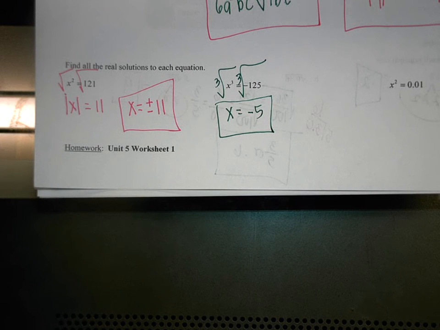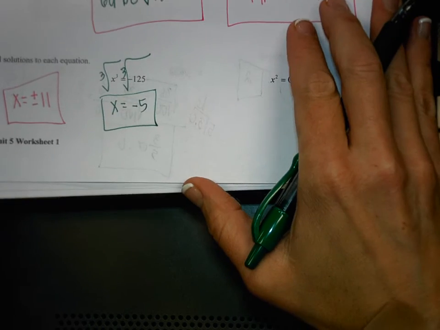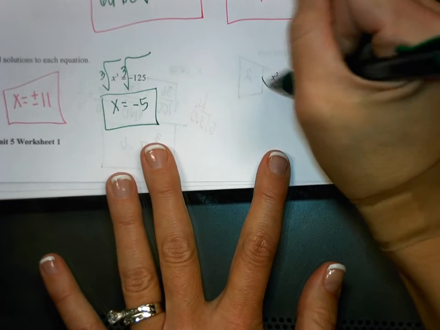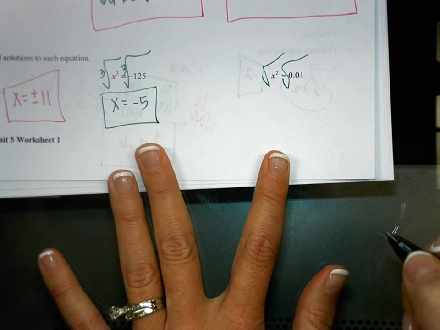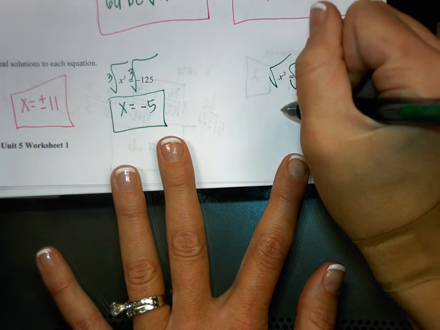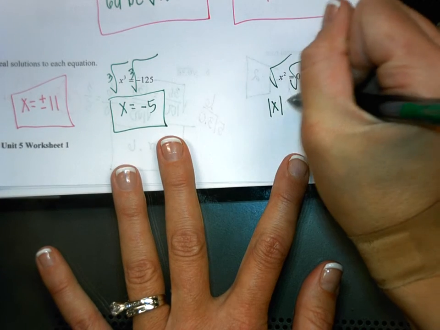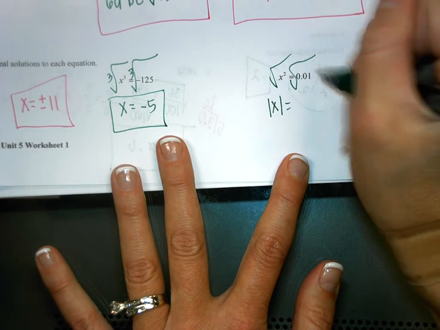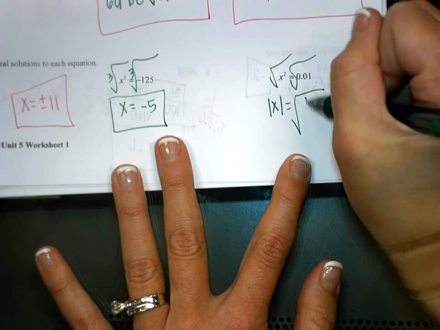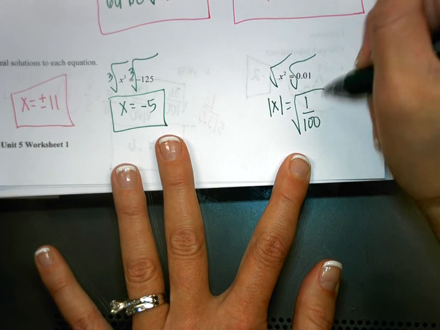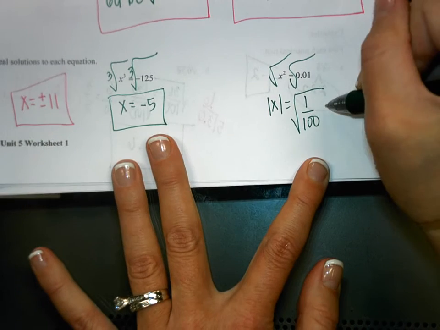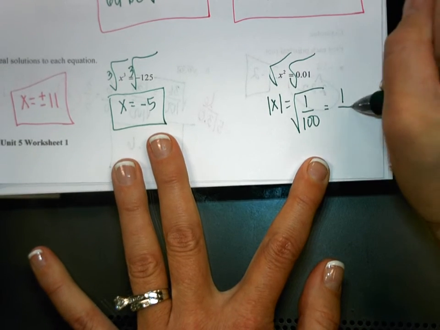All right, what am I going to do on the last one? Very good. We're going to take the square root. We're going to change this decimal into a fraction. So we end up getting the absolute value of x equals, and how would I write that as a fraction? 1 over 100. Because the number is 1 and it goes out to the hundredths place. What's the square root of 1? 1. What's the square root of 100? 10.